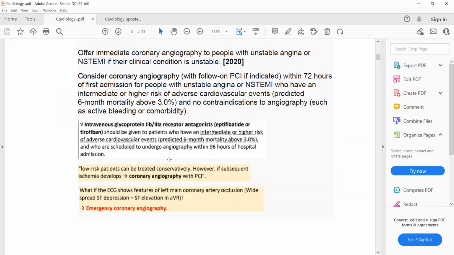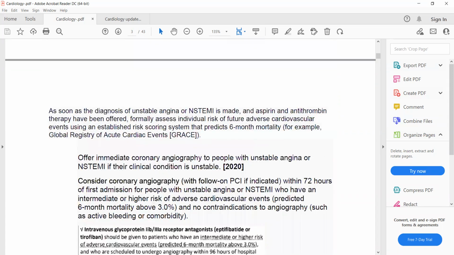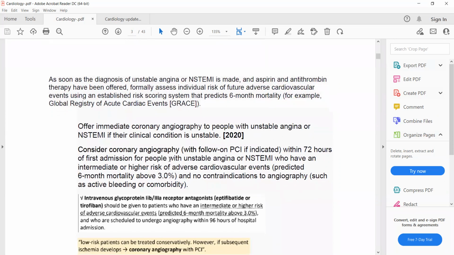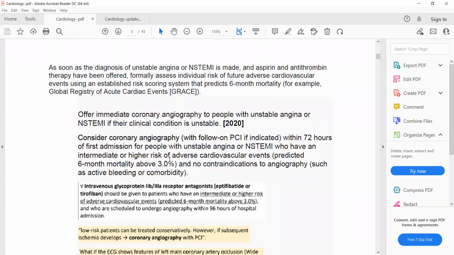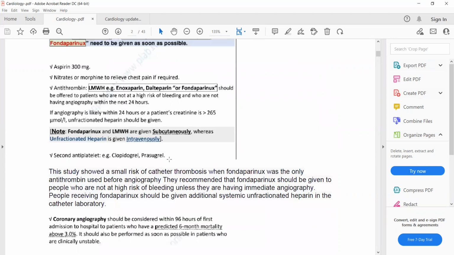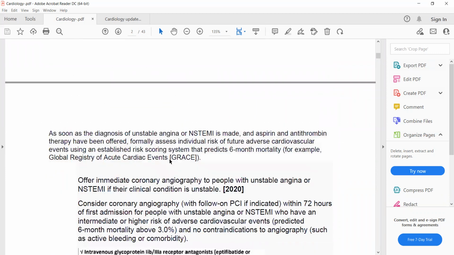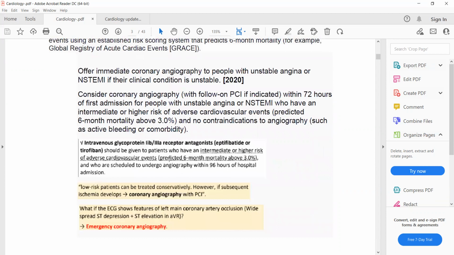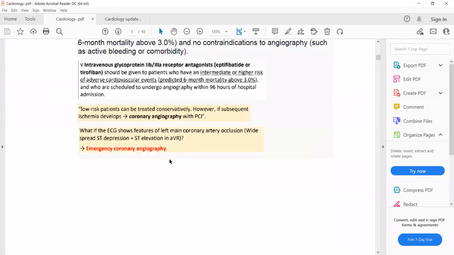So this was all about the diagnosis and management of acute coronary syndrome. There's one additional point about the persons who are to undergo coronary angiography within 72 hours of hospital admission.